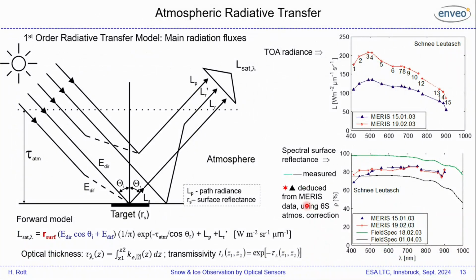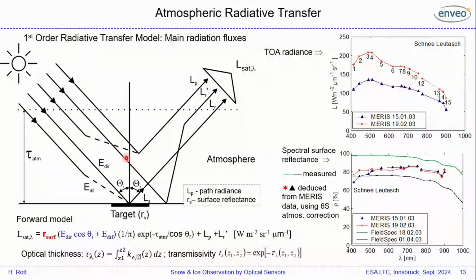Now, for computing the surface reflectance, a first-order radiative transfer model shows that we have, on one hand, the surface reflectance, which has irradiation from direct radiance directly from the sun, and diffuse, which comes from the half space.